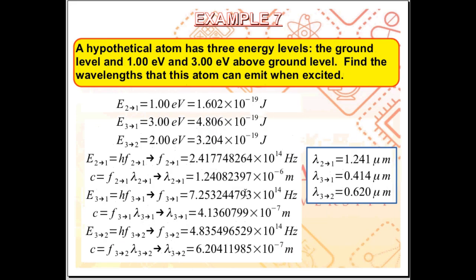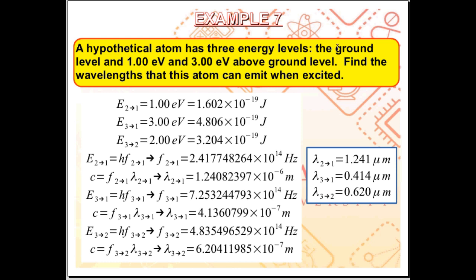Next, we have example 7. A hypothetical atom has three energy levels: the ground level and excited levels 1 electron volt above the ground level and 3.00 electron volts above the ground level.